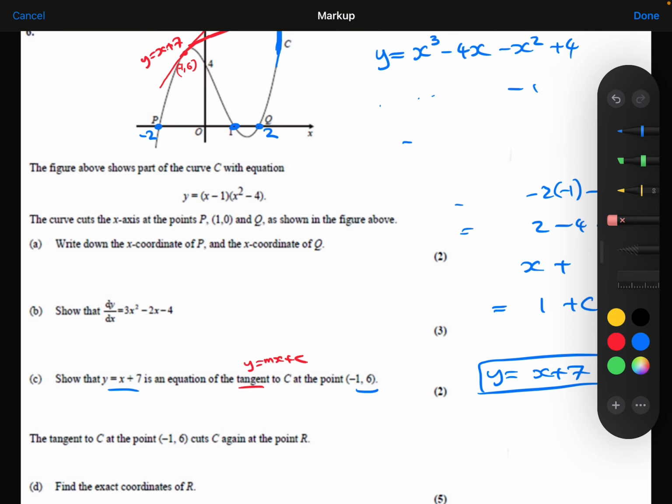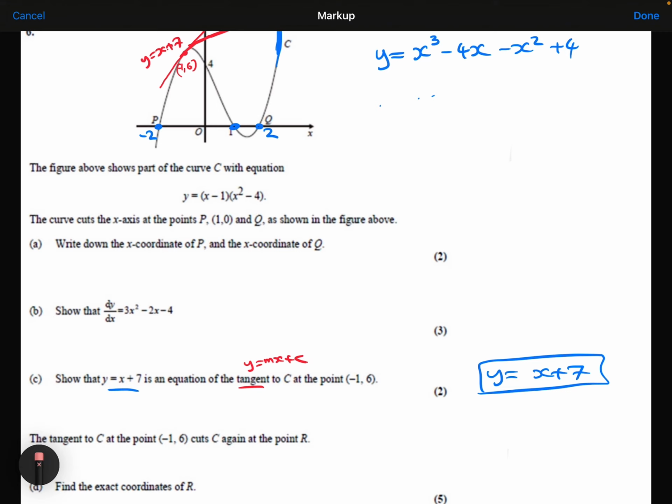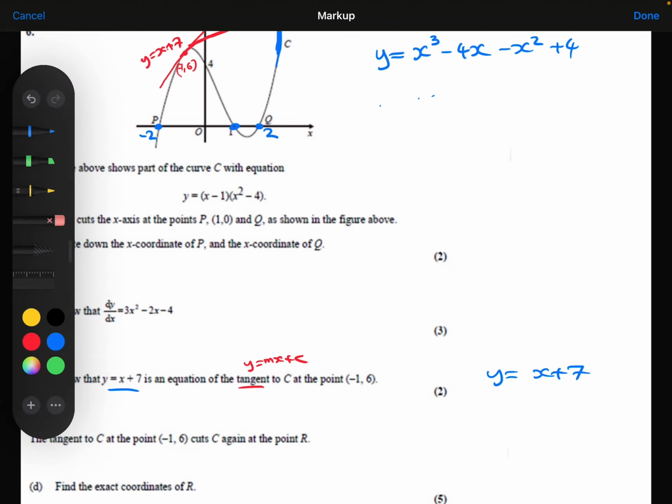So let's do simultaneous equations with the cubic for C, which is the x cubed minus x squared minus 4x plus 4, with the x plus 7.